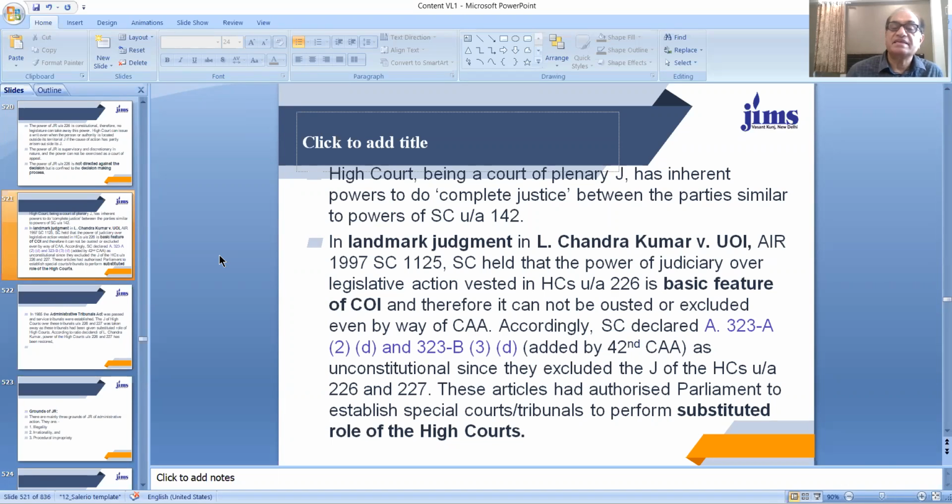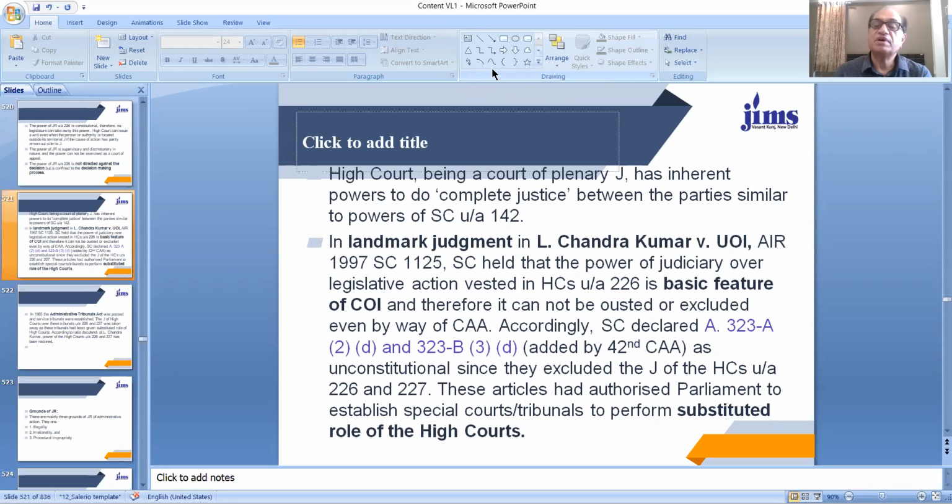The Supreme Court held in this case that the power of judicial review over legislative action vested in the High Court under Article 226 is a basic feature of the Constitution of India, and therefore it cannot be ousted or excluded even by way of a Constitutional Amendment Act.